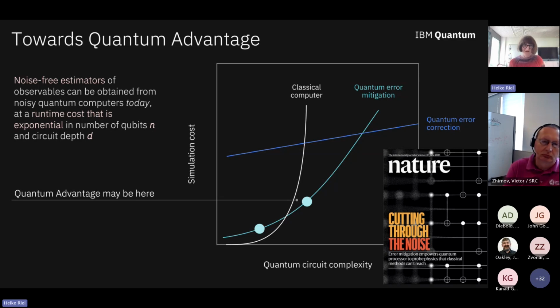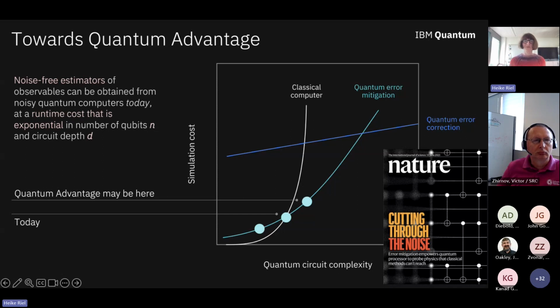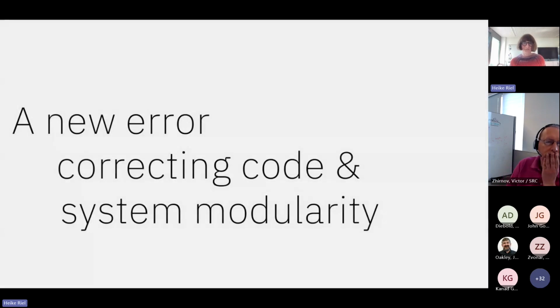The approximation methods broke down, and we could demonstrate that the quantum computer could still calculate the specific experiment. So that has been published. I don't want to go into detail, but I wanted to mention that we are right now at this kind of cross section where a classical computer and a quantum computer are in competition for certain applications. And so it's a very exciting regime we are in.